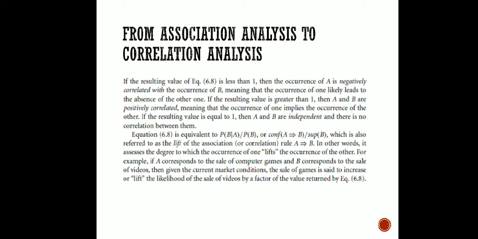If it is greater than 1, then they are strongly correlated, that is, the purchase of B is strongly dependent on the purchase of A. And if it is negative, then the purchase of B will never be successful if we follow the purchase of A. If we keep B separated from A, that will be better from the perspective of sale. And if it is 1, there is no relation between A and B.